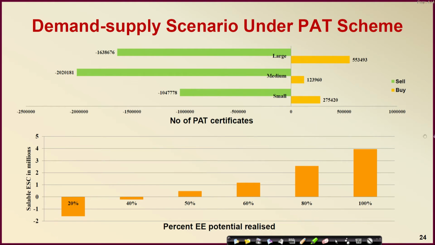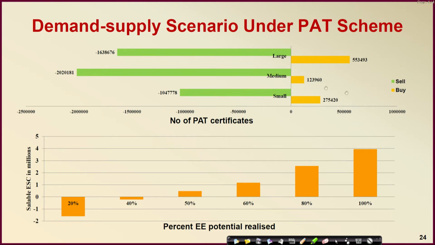So, you can see that when it comes to large, medium and small, the number of units who are achieving target is more, and the number of units who are not achieving target is less.